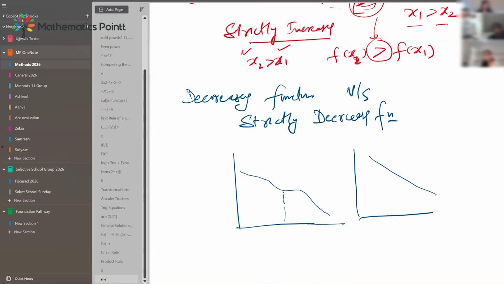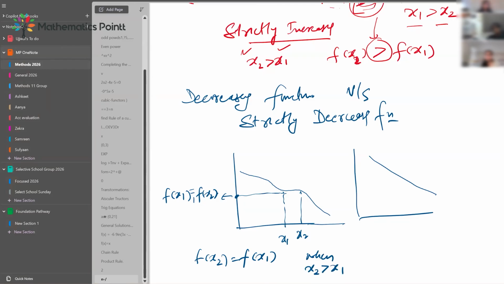Here, x1, x2, and this point is actually f of x1 and f of x2 both. They are equal, right? So in here, you have f of x2 equal to f of x1 when your x2 was greater than x1.